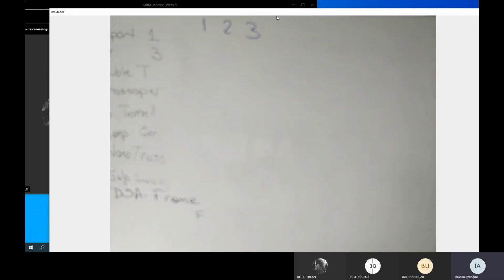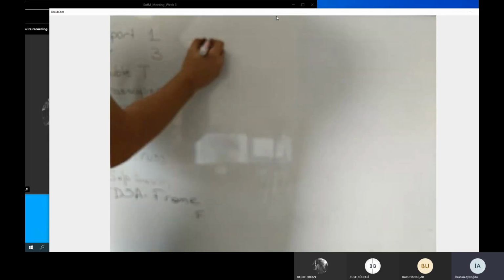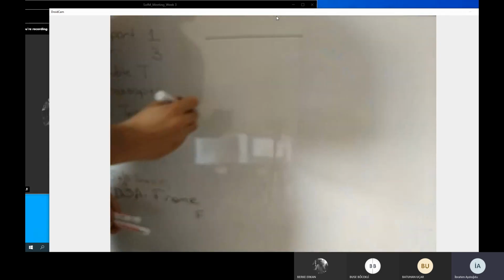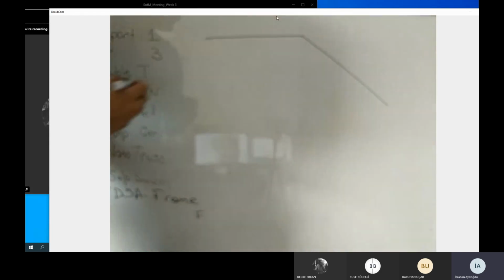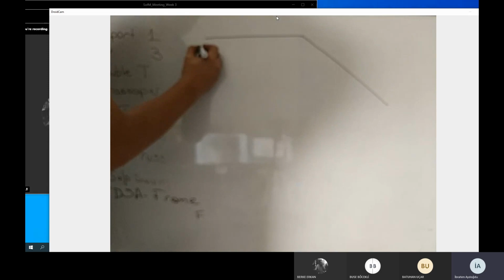Now you can see my whiteboard. I try to redraw example 8.3. I want to draw only the free-body diagram and show the forces. On point A, we have a pin support, therefore two joint reactions.